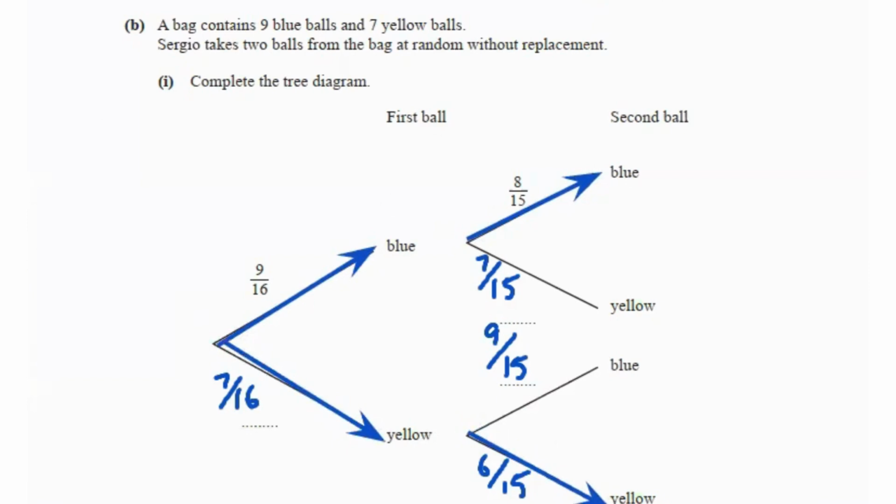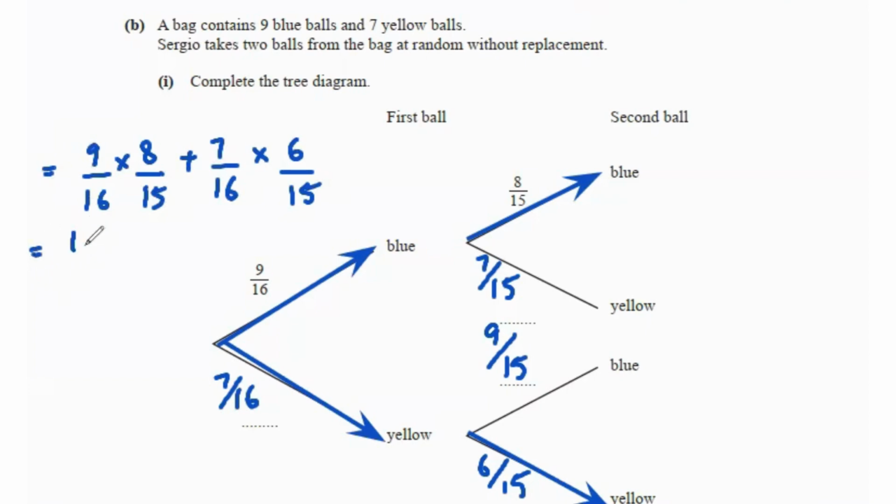Both these two routes give us the same color, which means 9 over 16 times 8 over 15, plus 7 over 16 times 6 over 15. So if we solve that, that's going to be 19 over 40.